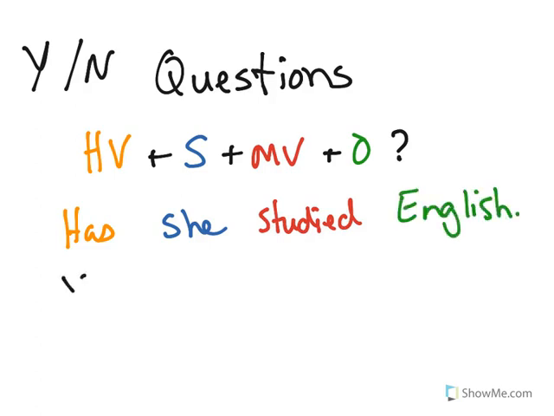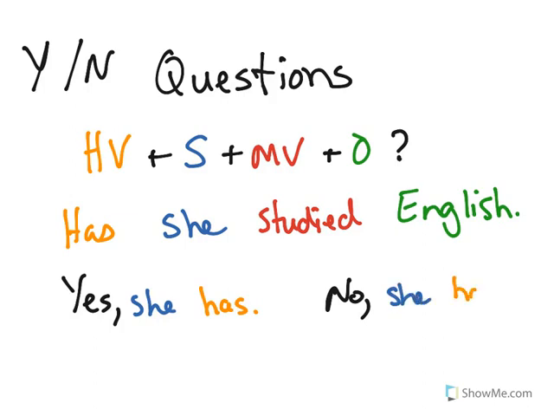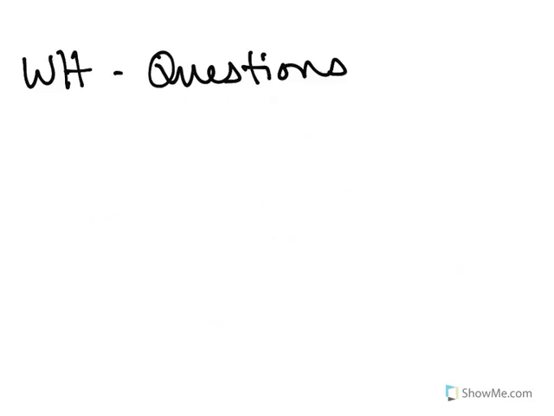And then my answers for yes or no questions are obviously going to be either yes or no. And the short forms here would be yes, she has. I'll use the auxiliary verb, the helping verb here. Or no, she hasn't. And I'll use the helping verb with the contraction for yes or no questions.